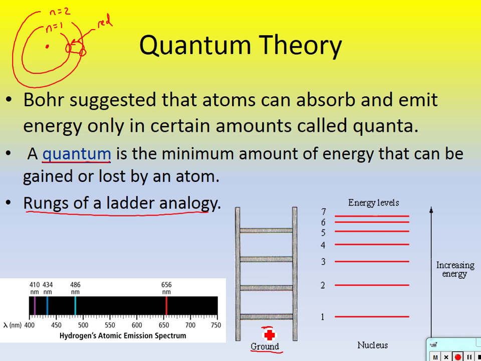You can put your foot up that high, but nothing's going to happen. You have to give it this much energy to get to the first step, right? Kind of makes sense. Well, same thing in the atom. If you have an electron in the first energy level, can you get it to the second energy level if you give it this much energy? No. So this has to be in a specific amount of energy, and this specific amount of energy is called a quantum. Okay.